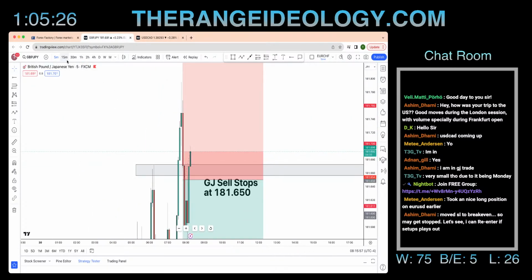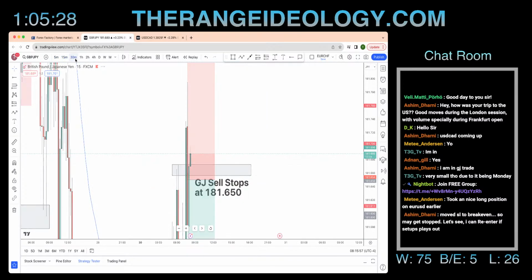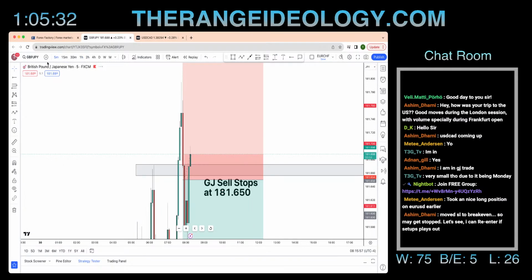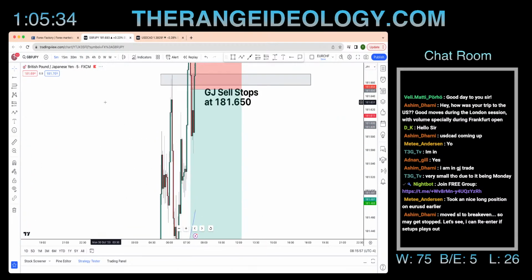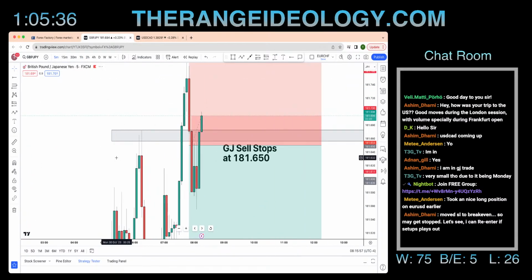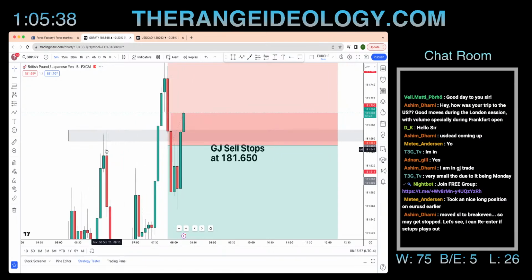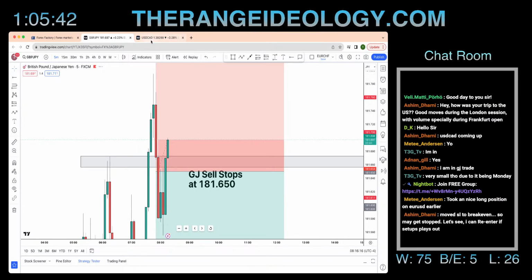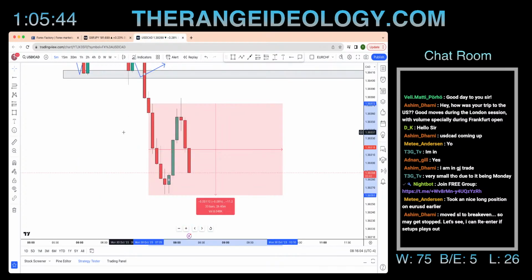Not a good push against us for GJ. I don't want it to come all the way up here to tap the 2-hour EMA. Can it sink right now? Again, the current and the previous 5-minute candle have no bottom wick at all. Wow, look at USD CAD here.